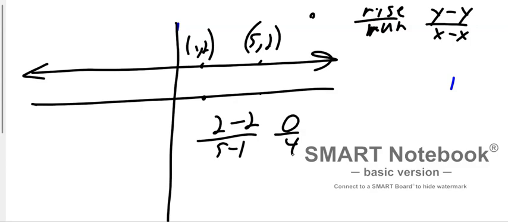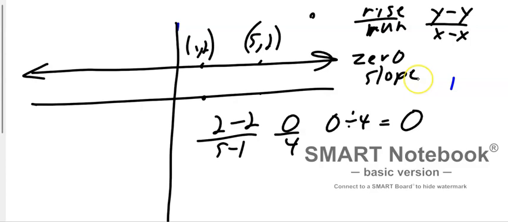If you type this in the calculator, 0 divided by 4, the calculator will tell you that's 0. I can divide nothing 4 ways and get nothing. This is called a zero slope. Okay, that is a slope of 0. If you think about a treadmill and you got on it and it was flat, it would read 0 incline.